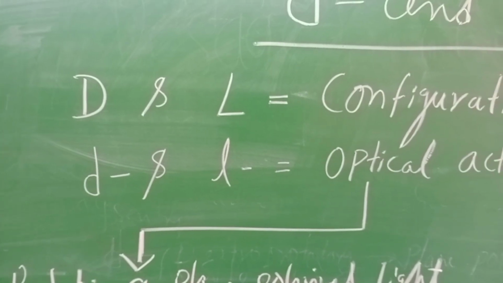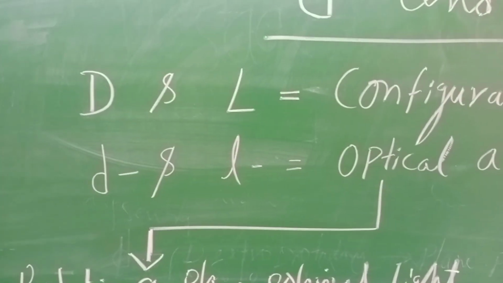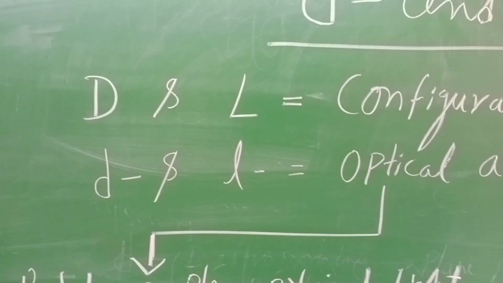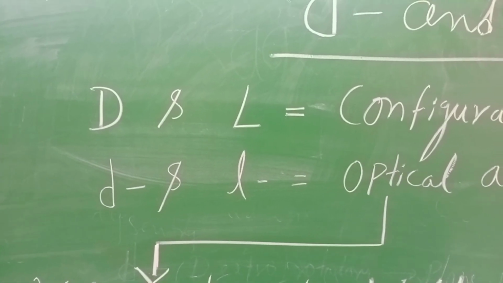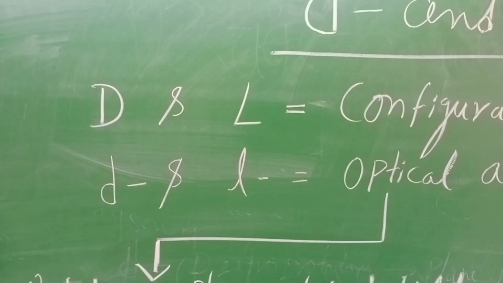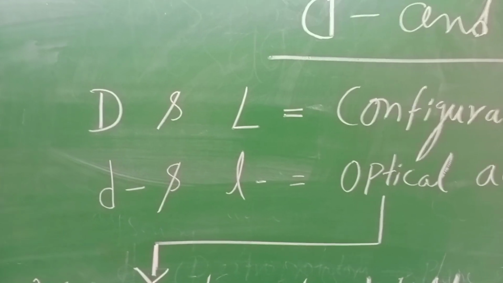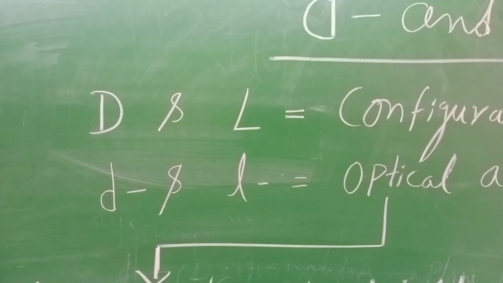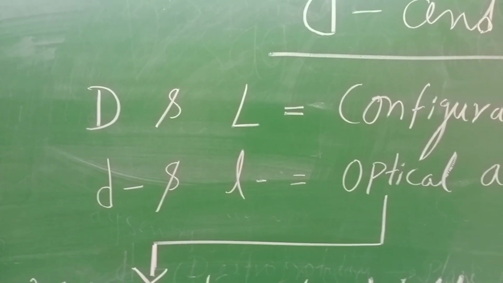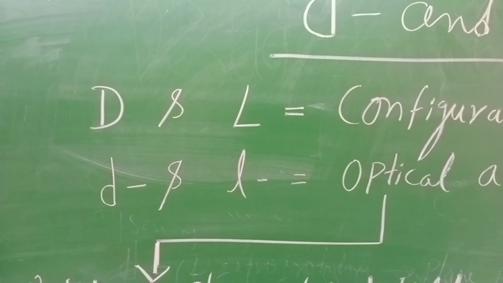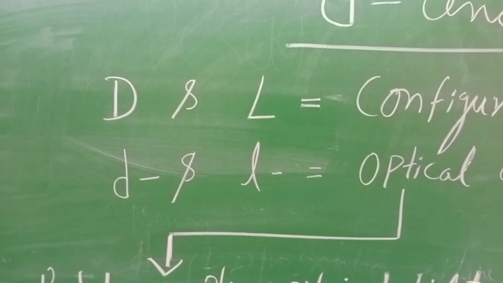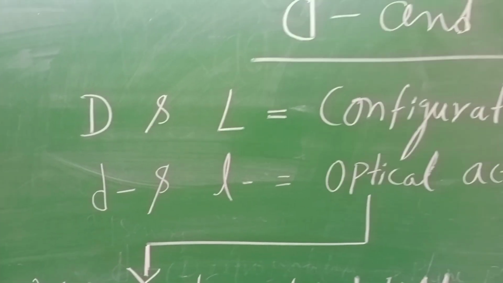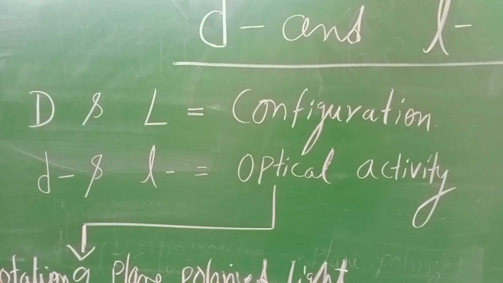Whenever a molecule is represented by small d or small l, this defines the optical activity present in the molecule. Such a molecule is said to be optically active.